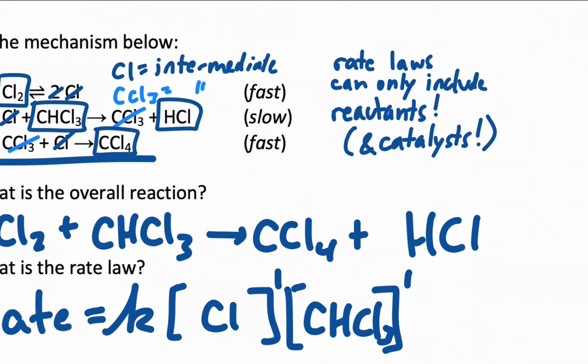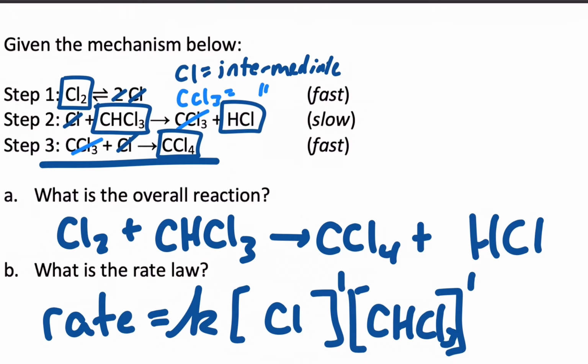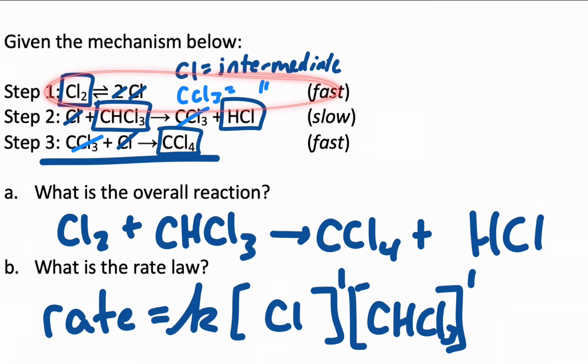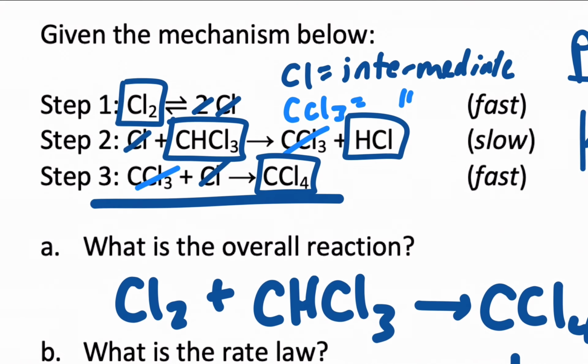This is called the pre-equilibrium method, and to do this, I need to go back up to the mechanism and focus on this first step, this equilibrium. Using the pre-equilibrium technique, which is the most common one we come across for doing this, you can write an equilibrium constant for that first step. Remember, equilibrium constants are the products raised to their coefficients divided by the reactants raised to their coefficients.